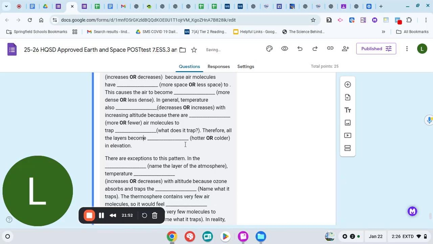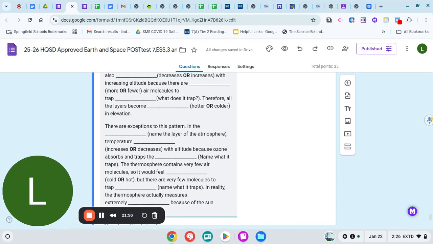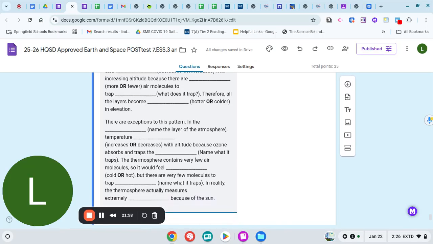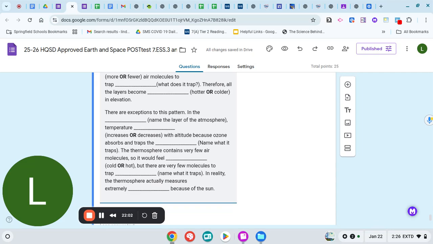Okay, become, and then you're writing hotter or colder. There are exceptions to this pattern. In the blank, you have to name a specific layer of the atmosphere, temperature blank. Are you writing increases or decreases with altitude because the ozone absorbs and traps the blank. So whatever layer this is, it's the one where the ozone is found. And you're going to tell me what the ozone traps.